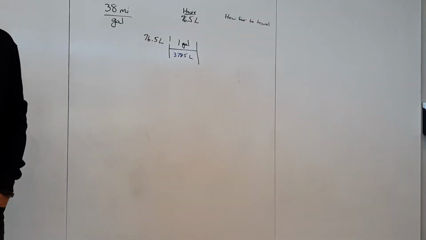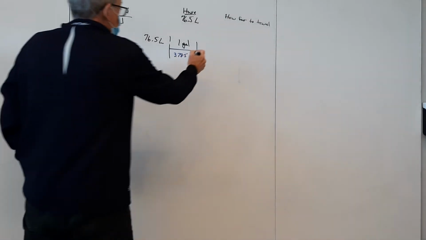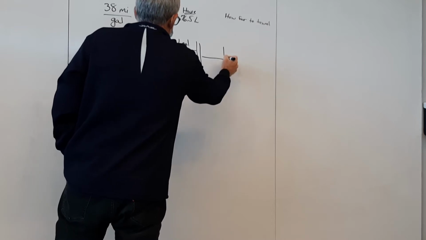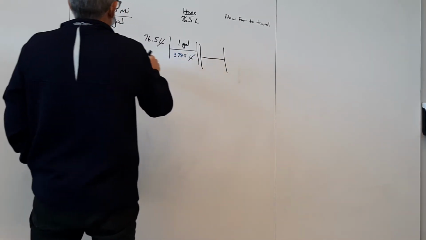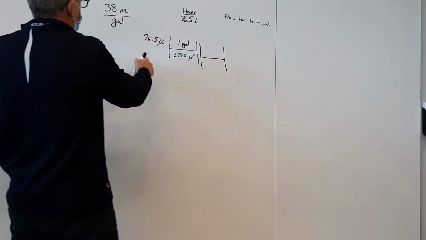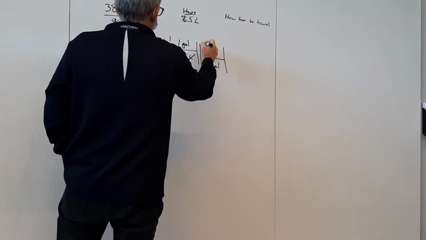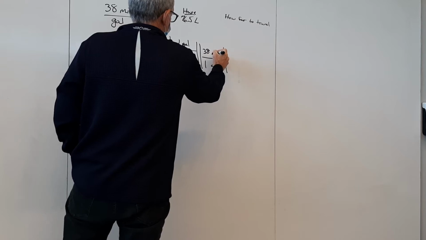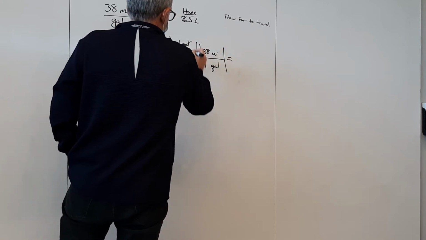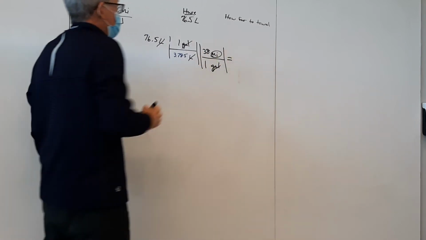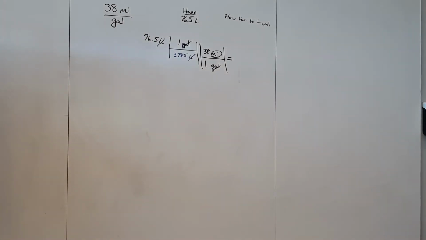I want to divide it by 38, yes? So now what I've got here is gallons, and I want miles, so I'm going to put down 1 gallon is 38 miles. So my answer will be in miles. And that's what we want.